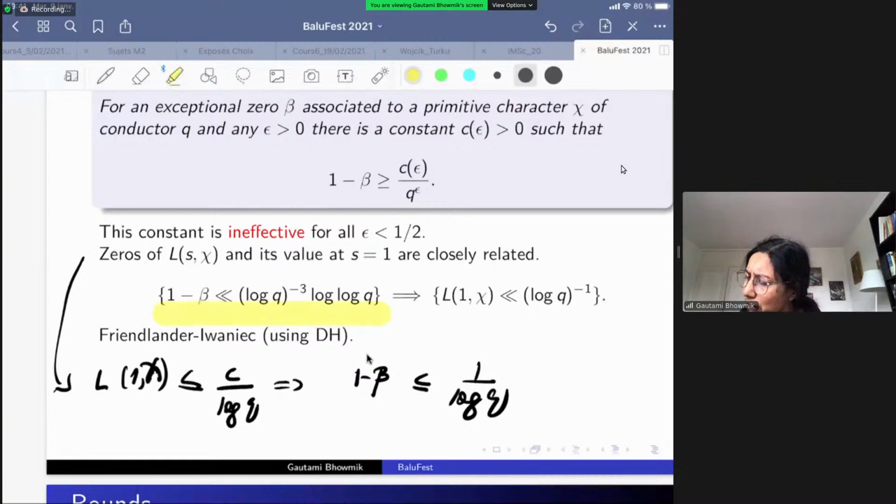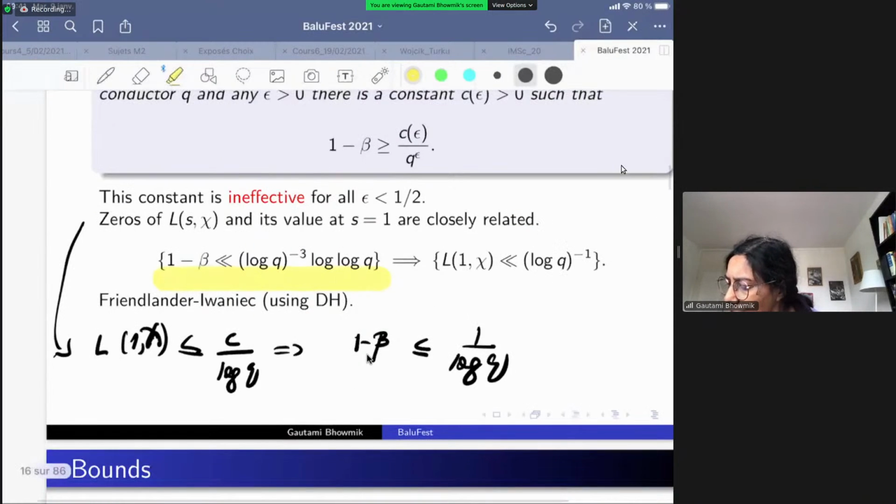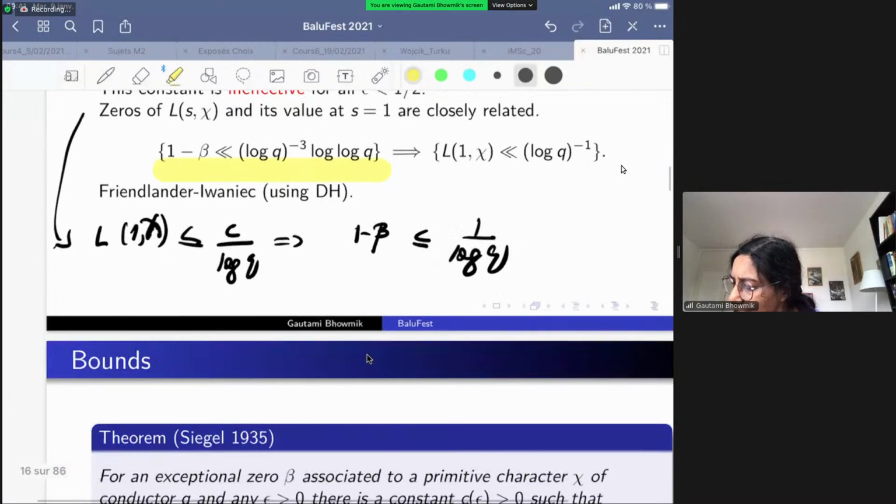They proved this using a certain form of the DH property. There are many forms of this.